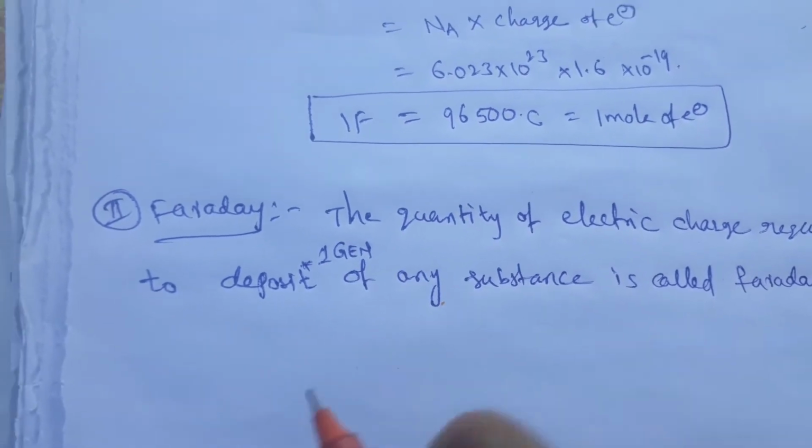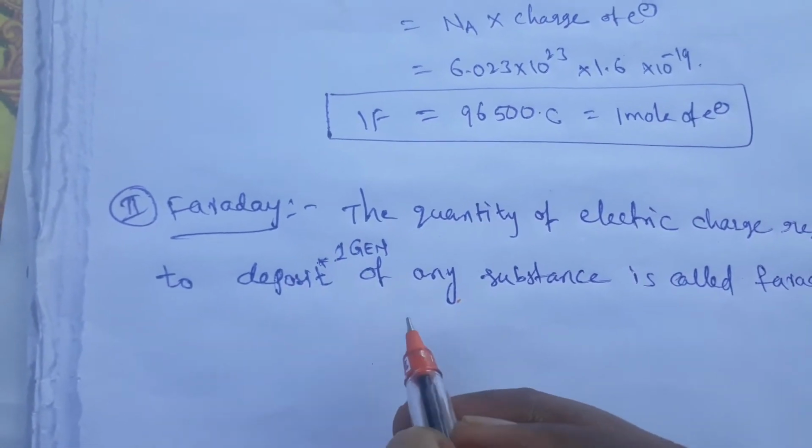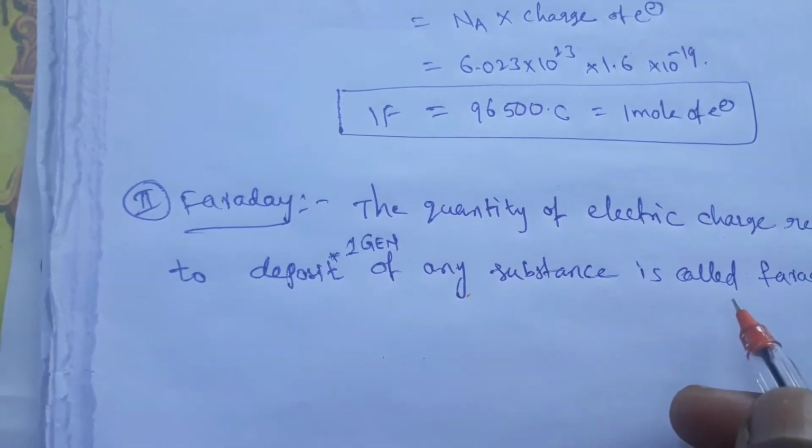So here, 1 gram equivalent number of any substance is called Faraday.